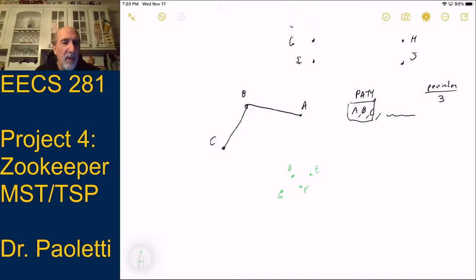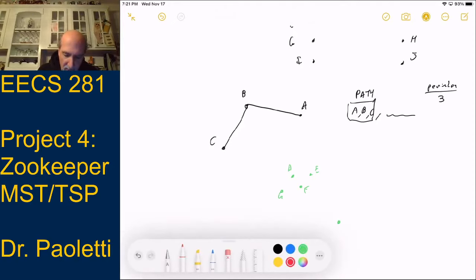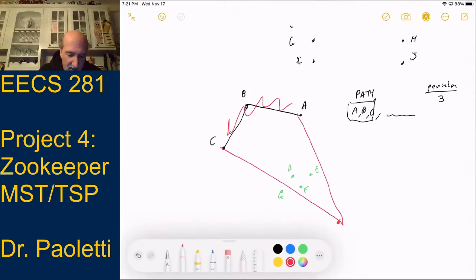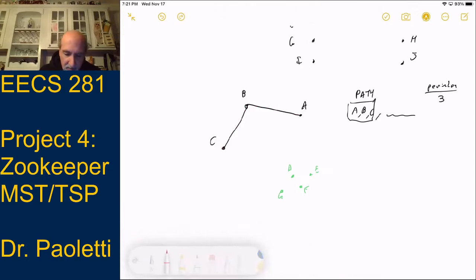But what if B was actually, instead of being up there, what if B was down here? Let's make it red. If B was down here, would you say that A to B to C is a good beginning for this? No, you wouldn't. But we need to get a handle on how we do that. So here's the observation.